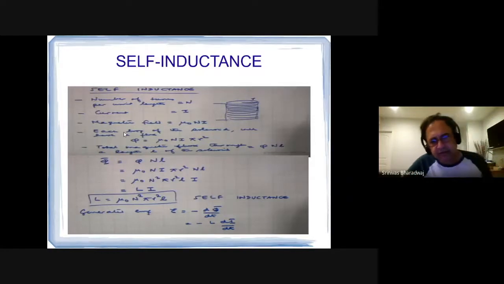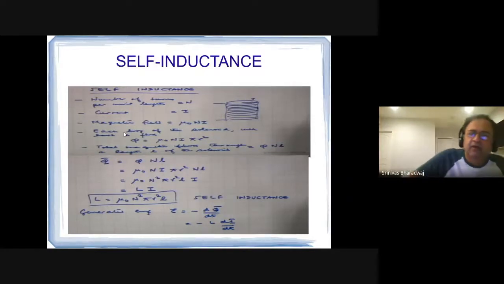I will introduce inductance in the next class, along with phi equals Li and d phi by dt equals L di by dt, which is equal to the EMF, V equals L di by dt.